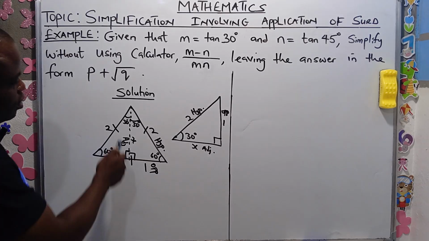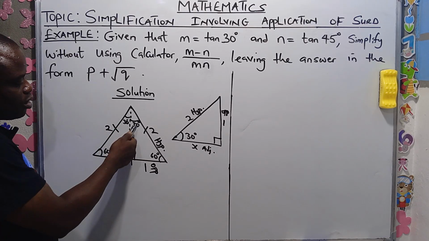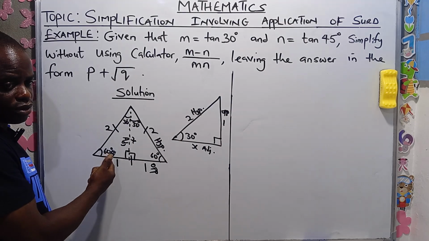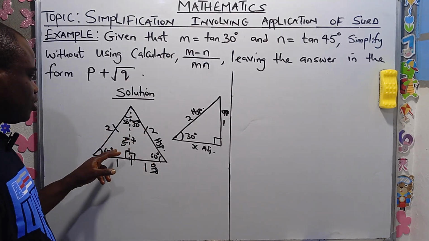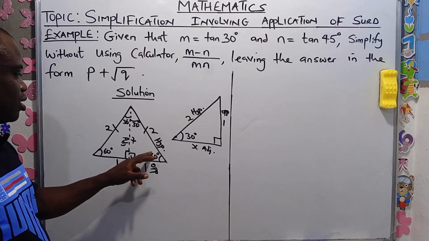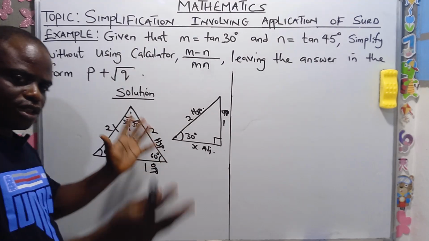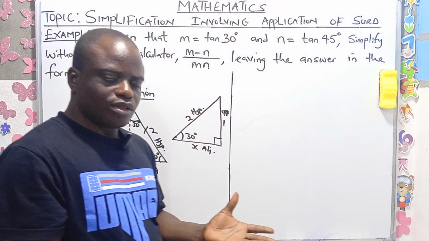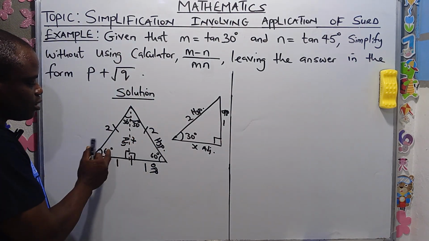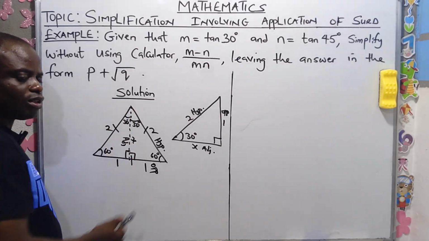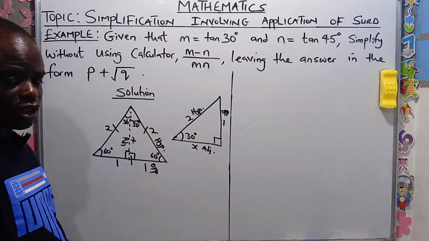The angle is now 30, 30. When you add them together, it still gives you 60. In the equilateral triangle, the three angles are equal: 60, 60, 60, and their addition gives you 180 degrees.